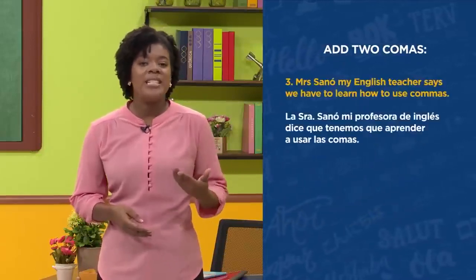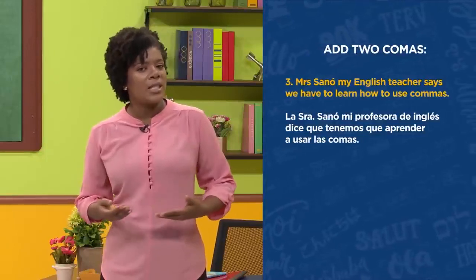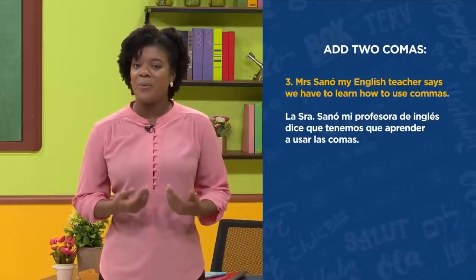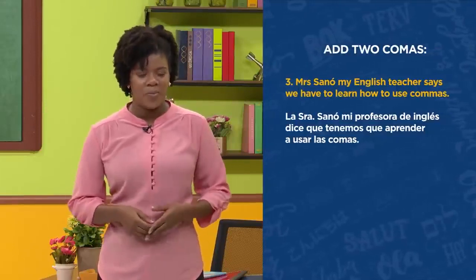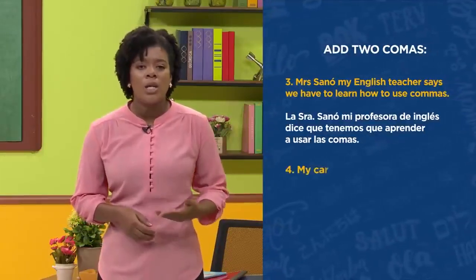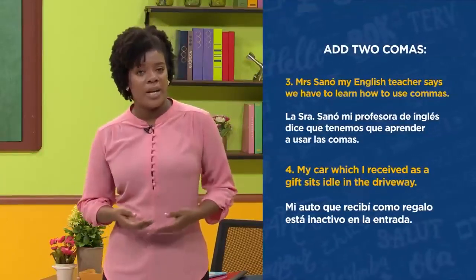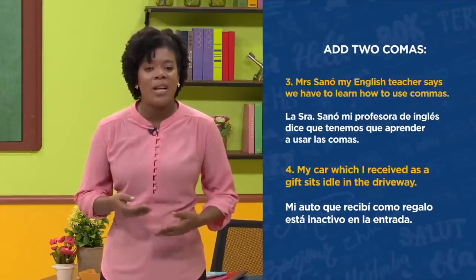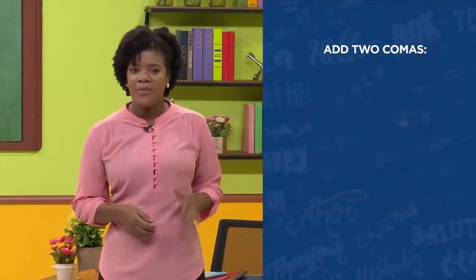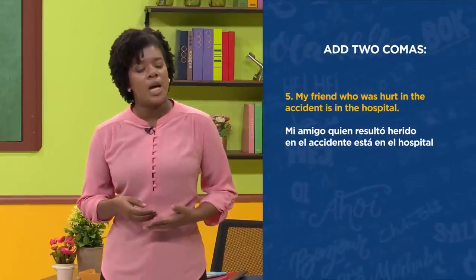3. Mrs. Zano, my English teacher, says we have to learn how to use commas. La señora Zano, mi profesora de inglés, dice que tenemos que aprender a usar la coma. 4. My car, which I received as a gift, sits idle in the driveway. Mi auto, que recibí como regalo, está inactivo en la entrada. 5. My friend, who was hurt in the accident, is in the hospital.